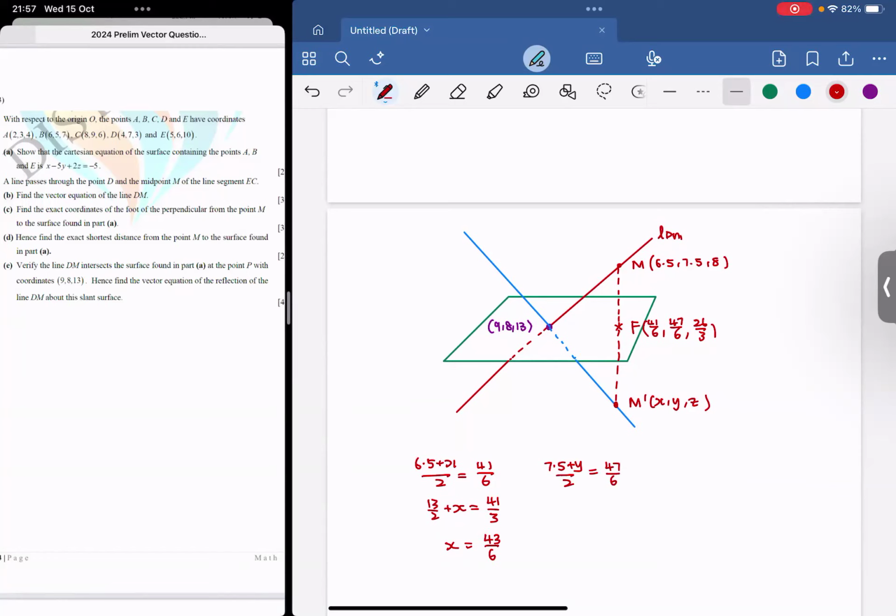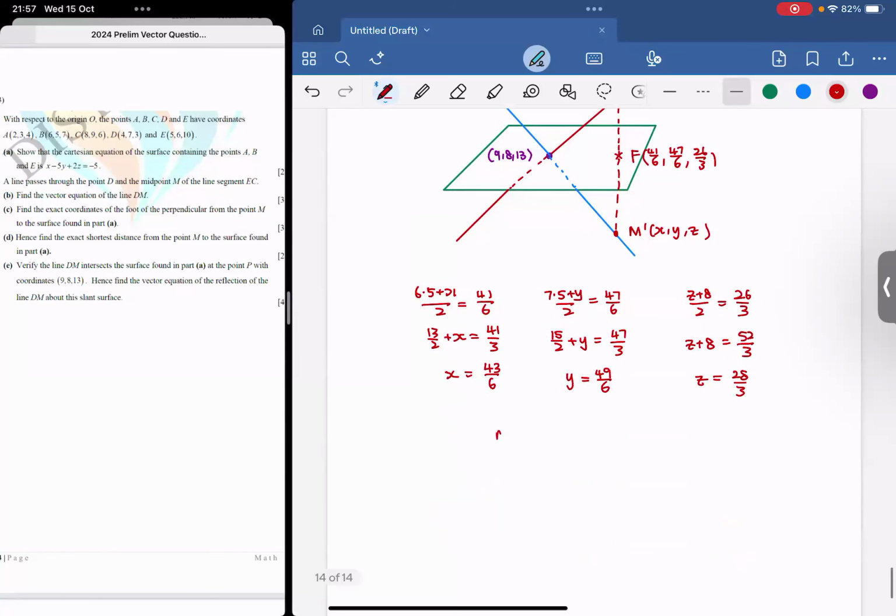Maybe I will forget it. 94 minus 45, 49/6. Last but not least, z plus 8 over 2 equals 26/3. 52 minus 24, 28/3.